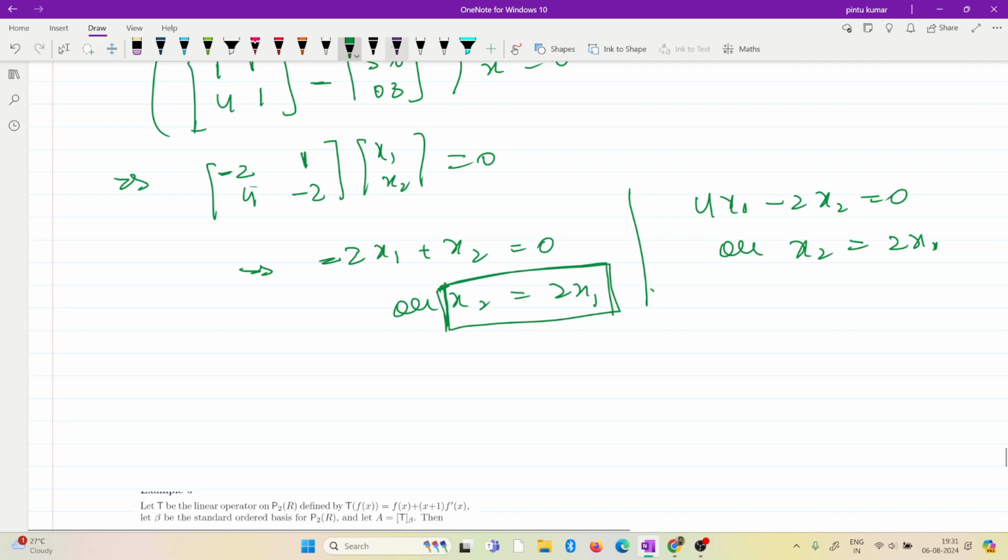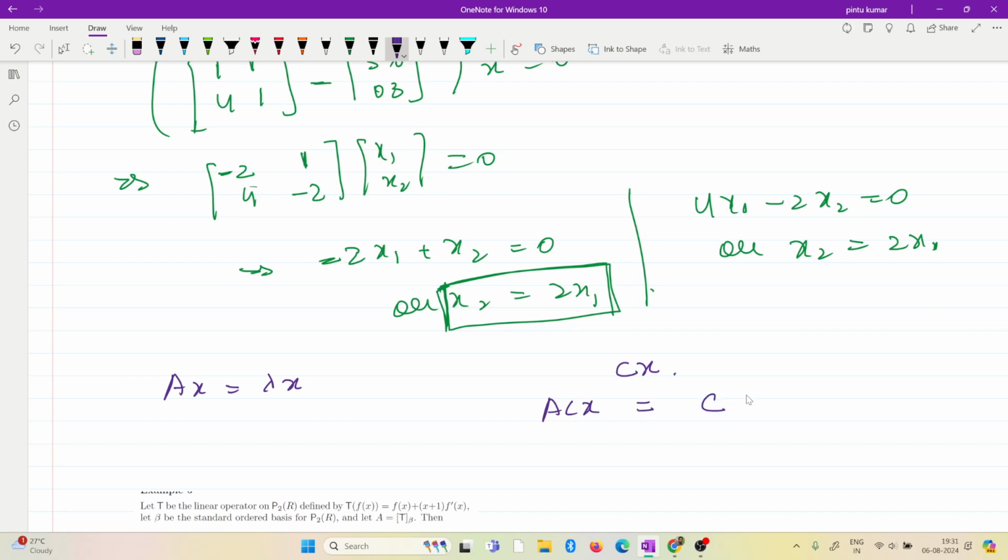Now one small thing. Let's say Ax is equal to lambda x. You take c times x. Then what is A of c times x?